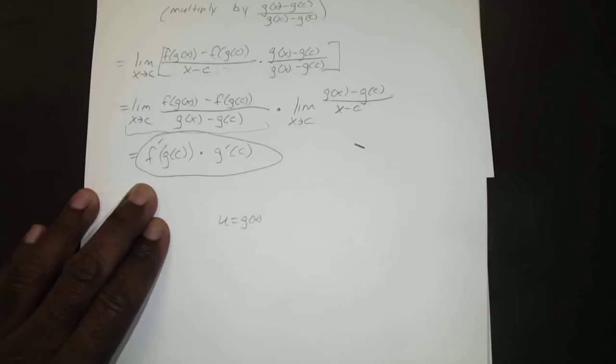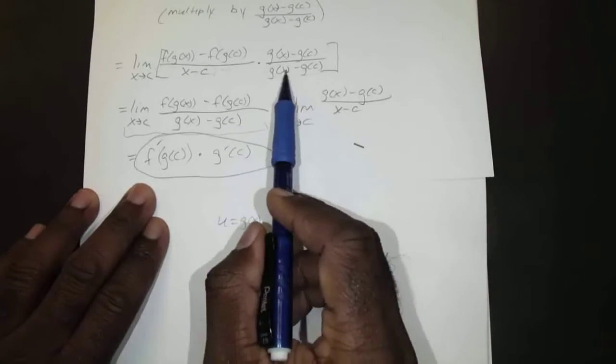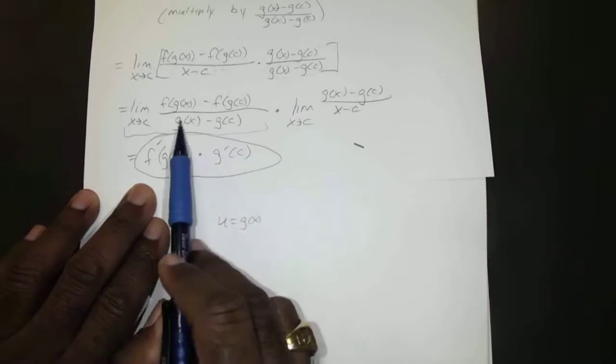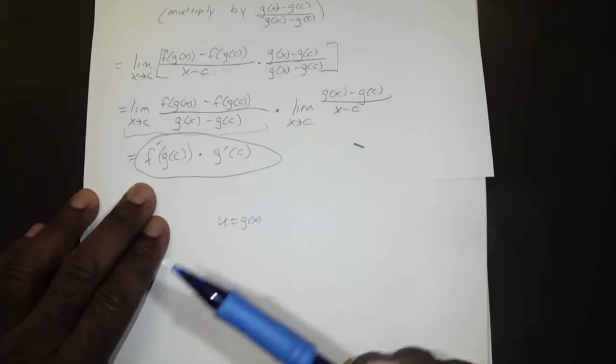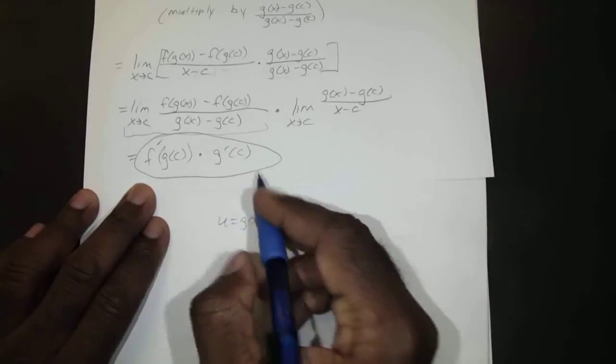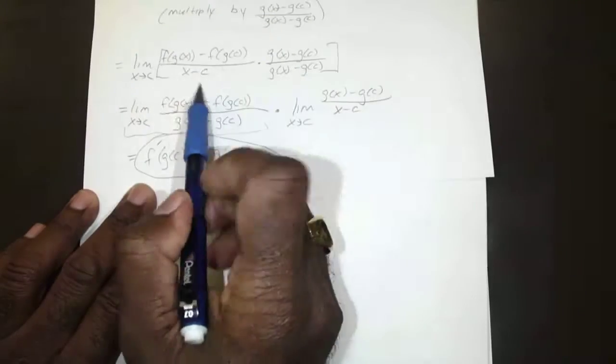Which two? Oh, sorry about that. Yep, you just swap those two. So that's how this ended up over here, and that ended up over there. So all we did was, let's say u equals g of x just for that part.